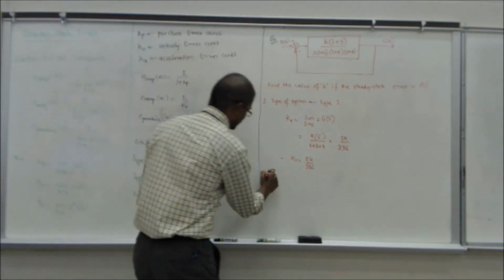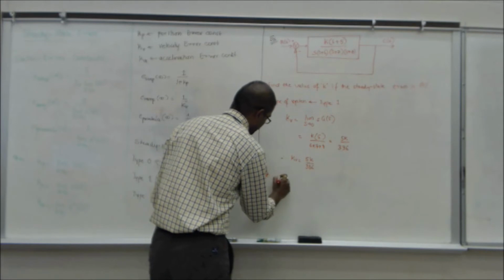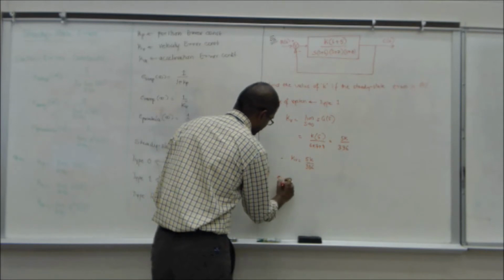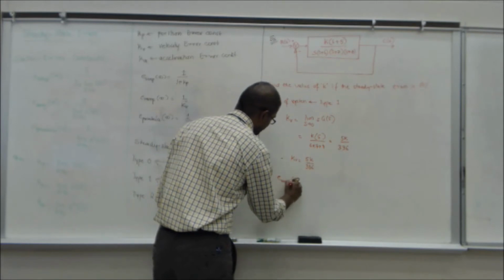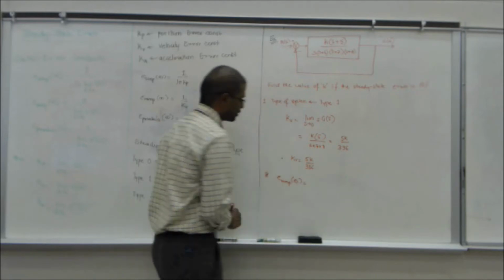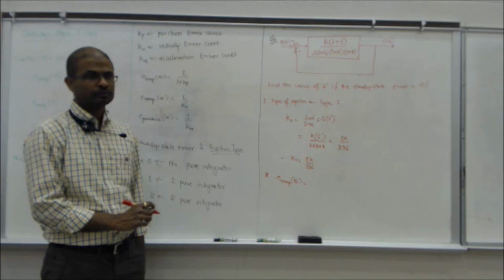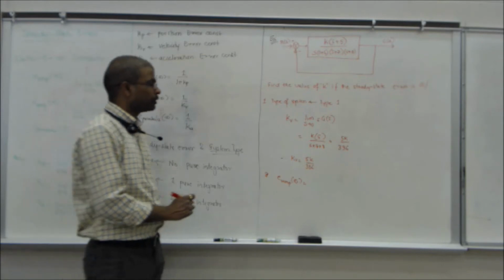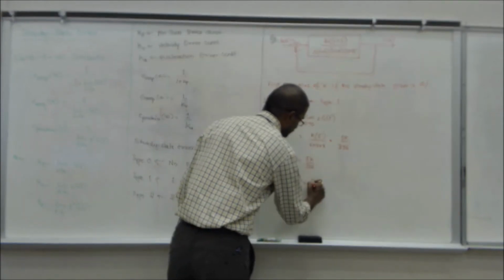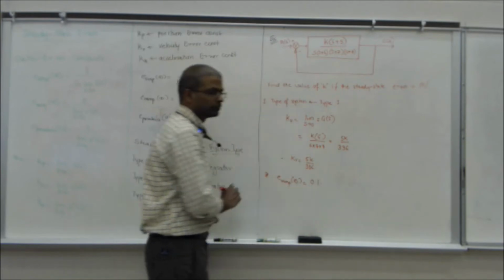Now the second step is to figure out E ramp. E ramp is 1 over Kv. E ramp is given to be 10% or 0.1.